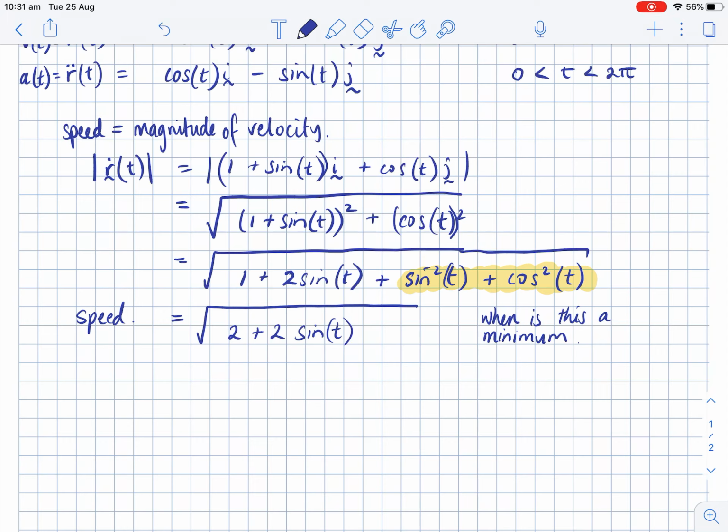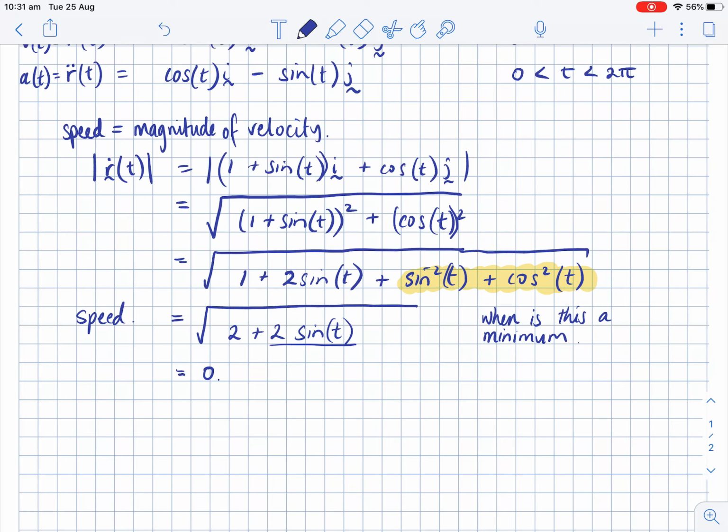I know that this is going to be a minimum when the sine value is the smallest it can possibly be. So the smallest sine value I can get is minus 1. Times that by 2 and you get minus 2. So the smallest value that this expression can take is actually equal to 0.